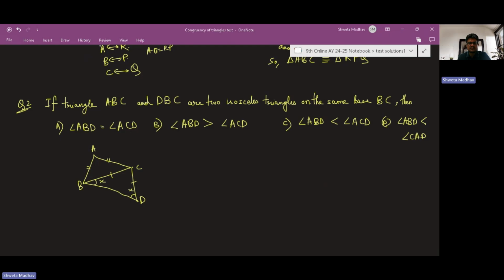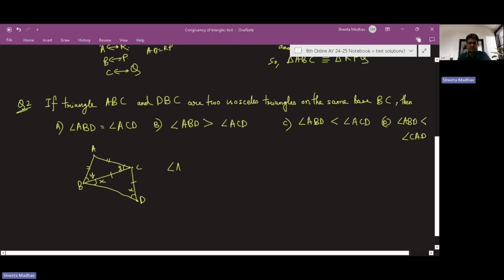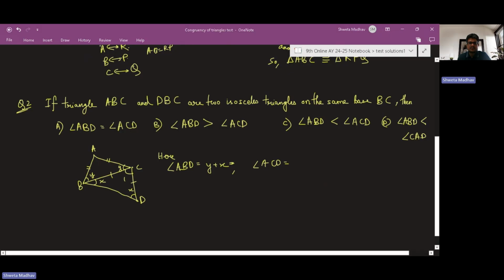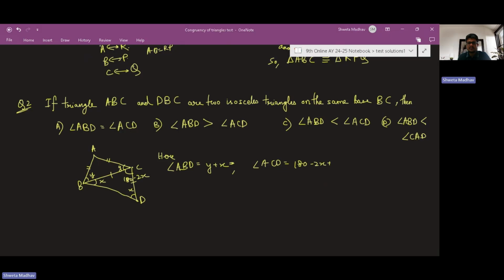Suppose this is X, this is also X, and this is Y, this is also Y. Now angle ABD is equal to Y plus X, since it is ABC plus CBD, and angle ACD is equal to 180 minus 2X plus Y. So which may or may not be equal, and this may be greater or may be less. So we can't say anything.